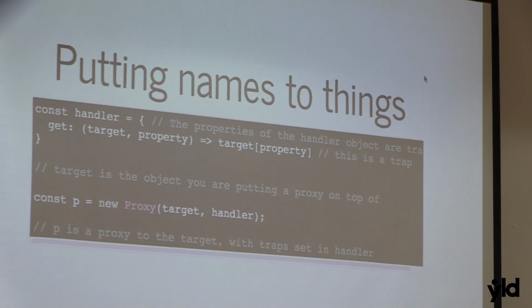Then when I get and set properties of this object, it would trap the calls, do some things that I wanted to do with it, and then proceed on to the next things. So that's it. A proxy takes a target that you are proxying, and a handler, which is an object that has methods which are traps. That's mostly it.